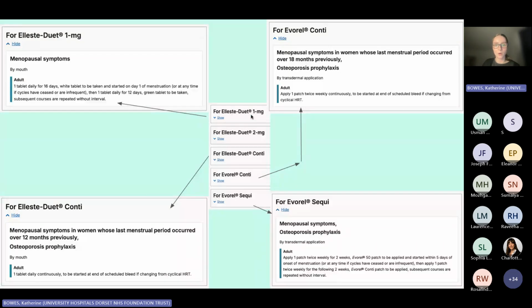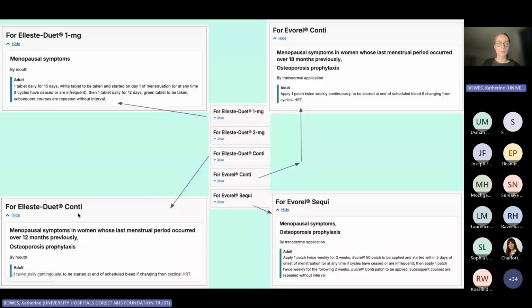Yeah, the top one here on the top left-hand side is showing the cyclical HRT prescription. So you've got one tablet for 16 days, and that will just be the estrogen. And then you've got a different tablet for the next 12 days, and that'll be the estrogen plus progesterone. So that's how you know it's that type of HRT.